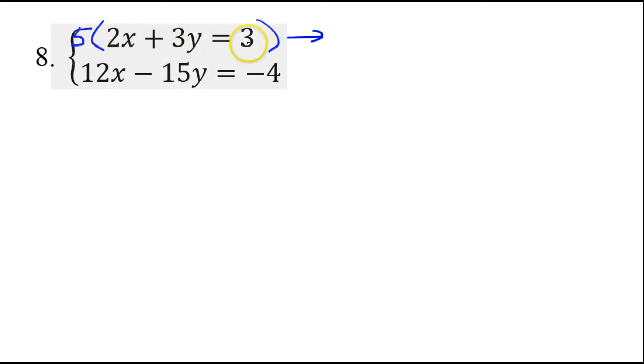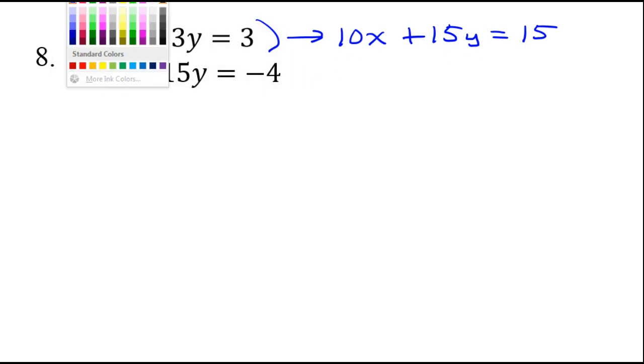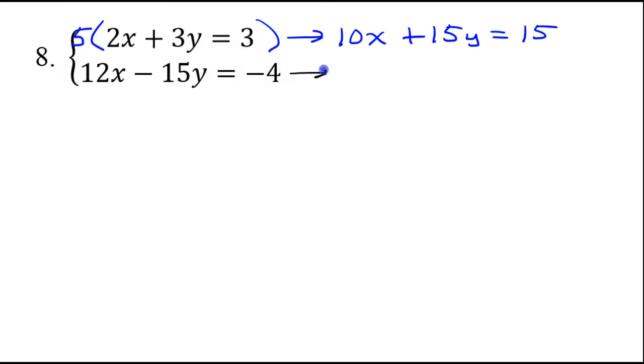The most common mistake I see with this method, students will forget to multiply the constant. So I should have 10x plus 15y is equal to 15. And then the bottom equation I did not change, so I'm just going to recopy it the way it is.